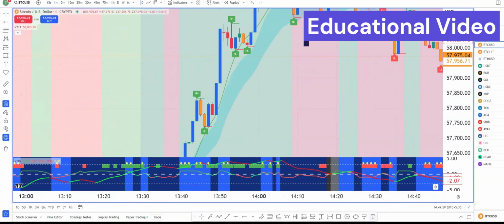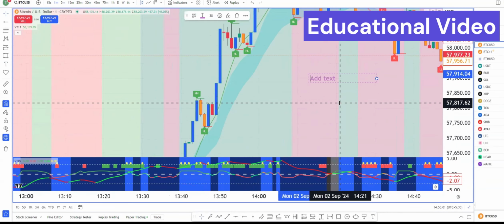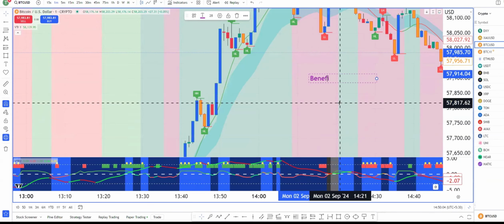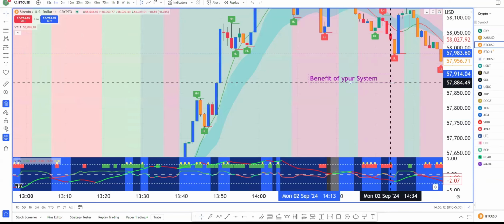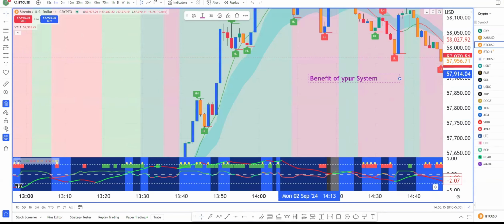The benefit of your system, sorry for my spellings. The benefit of your system, the first thing is it should protect your capital.